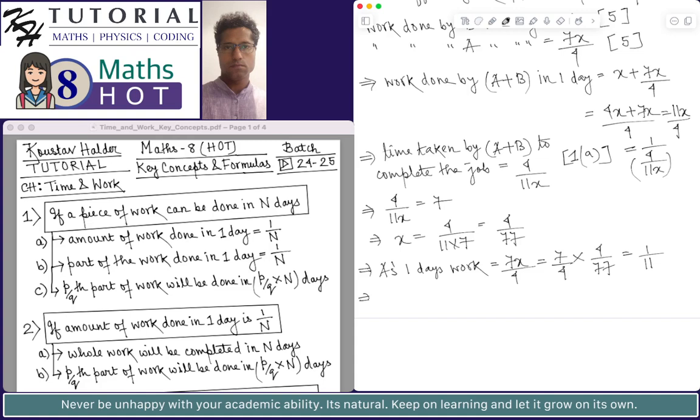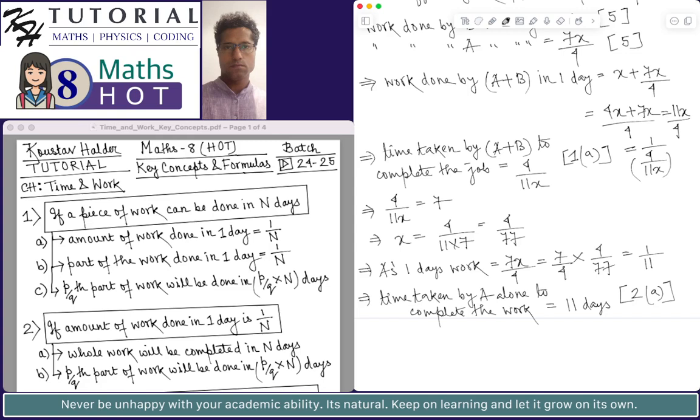Now we can say that the time taken by A alone to complete the work is equal to 11 days, based on the concept of 2a.